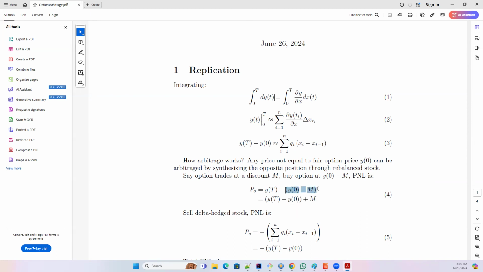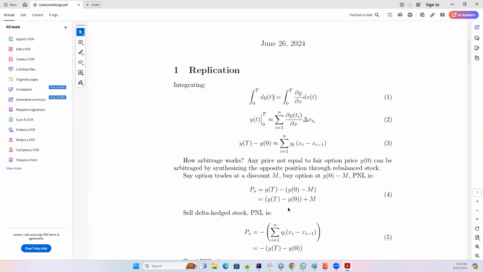So you pay $9. And at expiry, let's say in 1 month or 1 year, you sell it at the respective price, how much it values there. It could be more, it could be less. So you have a P&L. The P&L is this: the price that you sell it at in a year, let's say, minus the price that you pay for it now.